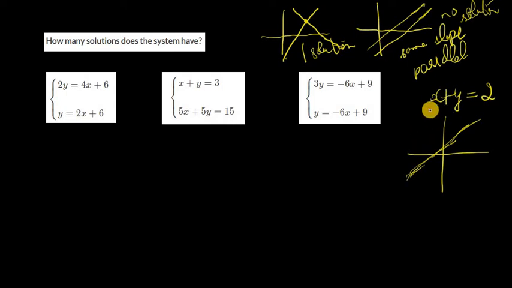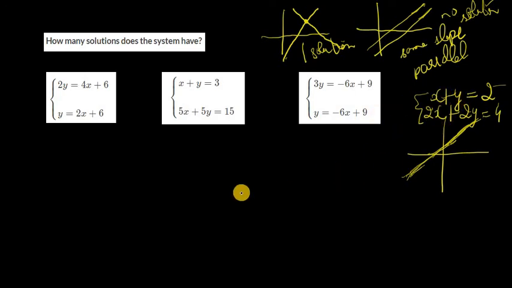If my second equation is 2x plus 2y equals 4, notice I just multiplied both sides of the first equation by 2. Now if I try to solve this system, it would have an infinite number of solutions because they would essentially be the same line, the same equation.